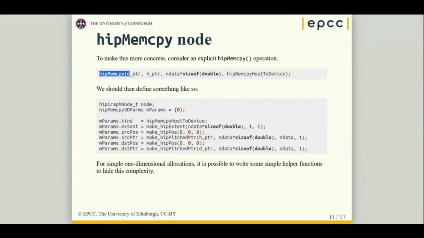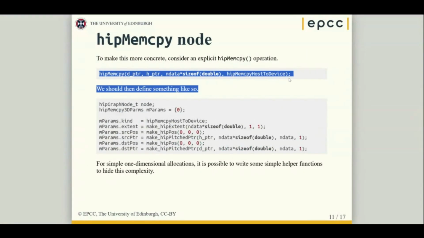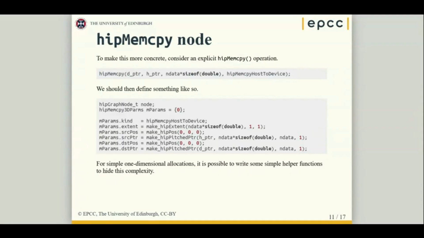And we want to reproduce this in a graph node. You see that we have a destination. We are copying here from host to device, and we are copying the data or size of the table. So the parameters will be these ones. Kind will be hipMemcpyHostToDevice.